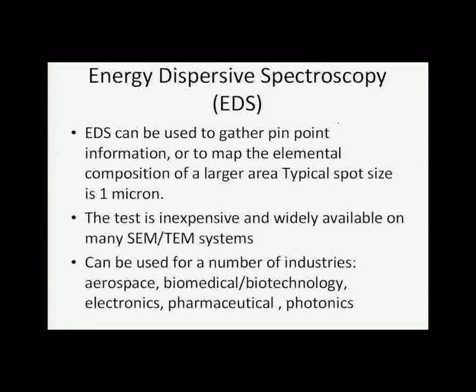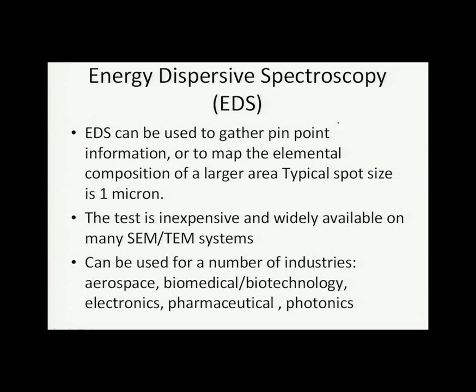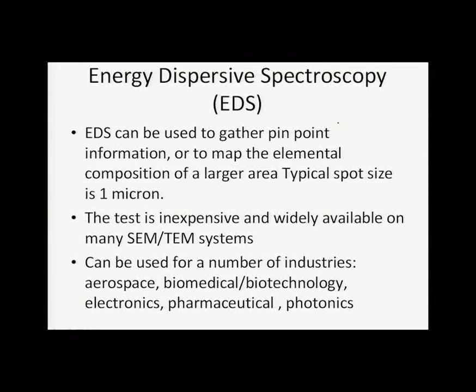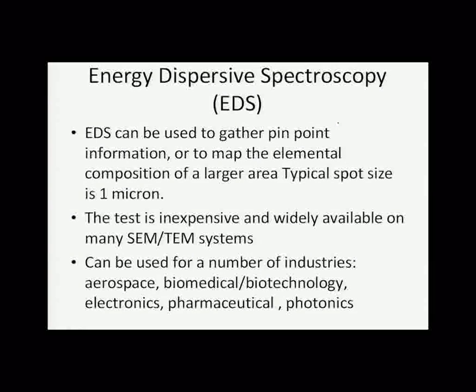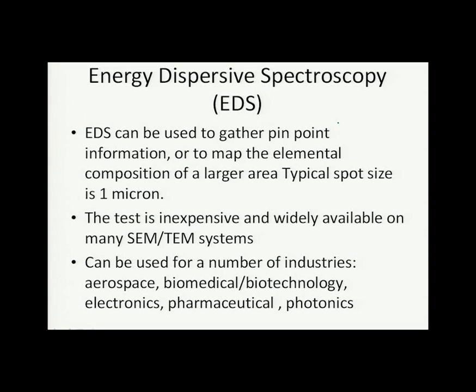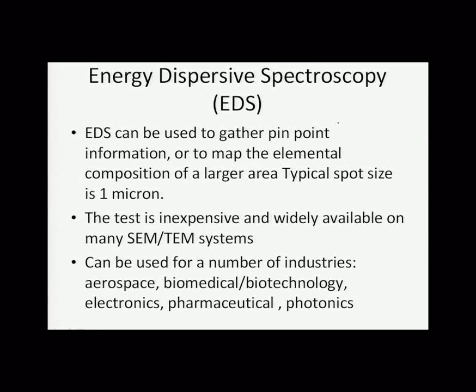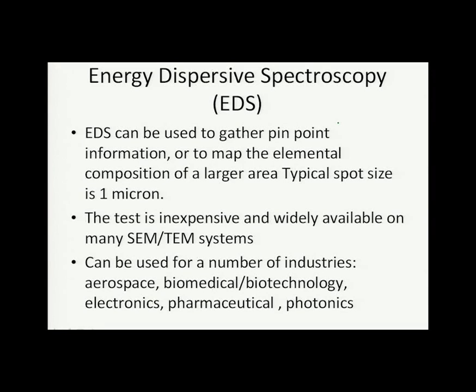And the higher the energy of the beam, the further it penetrates and interacts below the surface of your sample. So you get a very large interaction region, and therefore a lot of information, or spot size, yielding information to your detector.